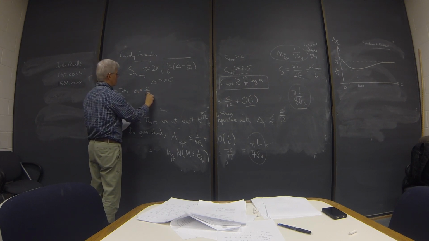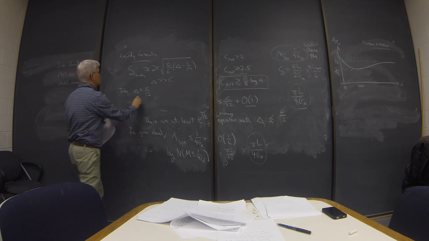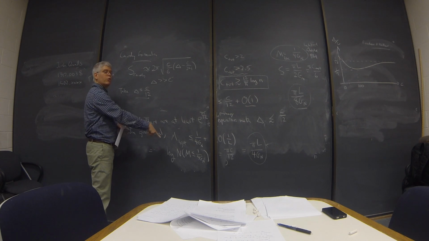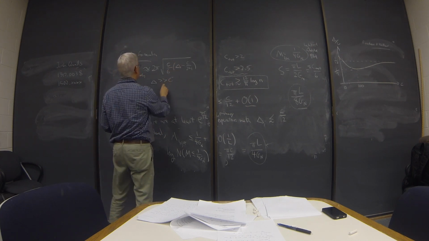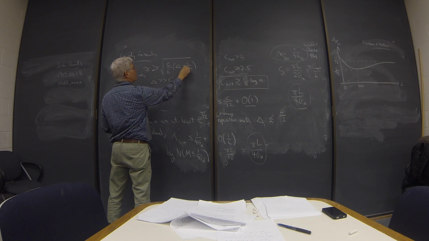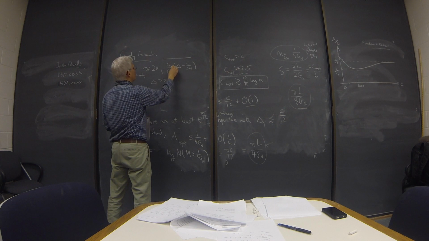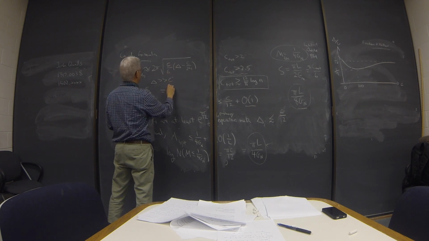Plug that in, and you get c over 24 times c over 6. So the square root gives you pi c over 6.